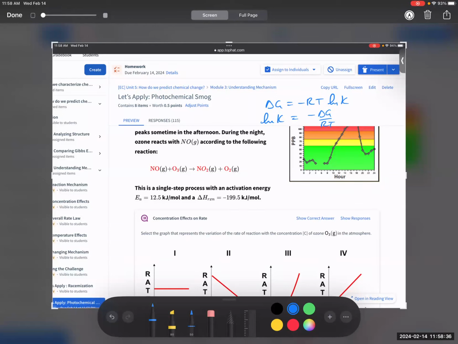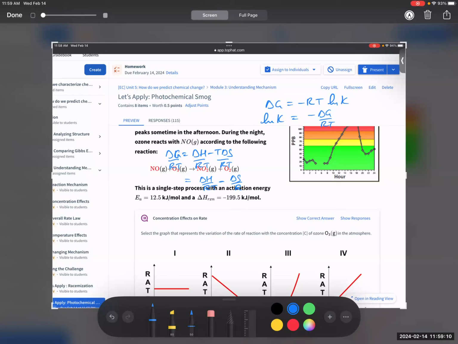But this is the relationship we want, and we know delta G is equal to delta H minus T delta S. If you divide everything by RT, you're going to get delta H over RT minus delta S over R.